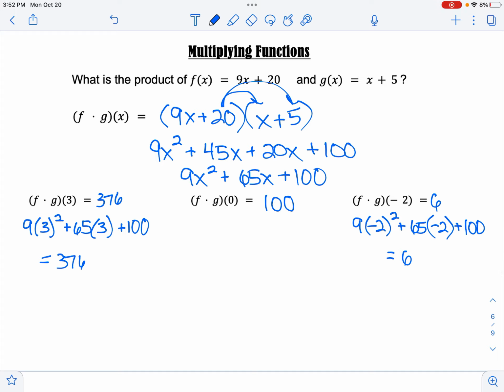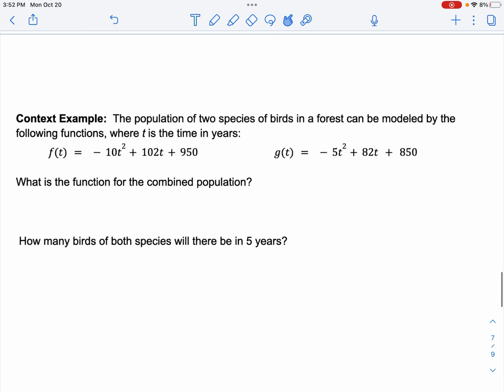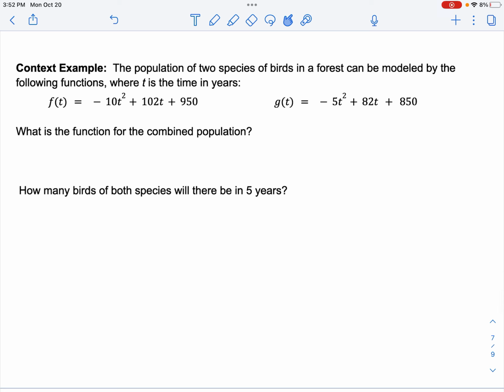Okay, so that's how that works. You're just using your skills with PEMDAS, combining like terms to help do that. Okay, one last problem. The population of 2 species of birds in a forest can be modeled by the following functions, where t is the time in years. The first function is f of t equals -10t squared plus 102t plus 950.